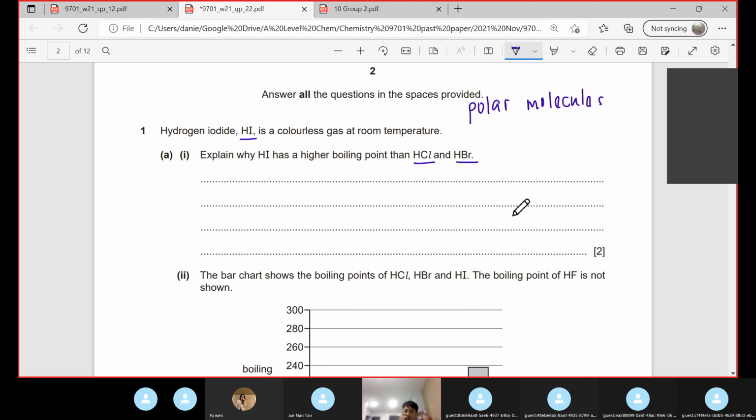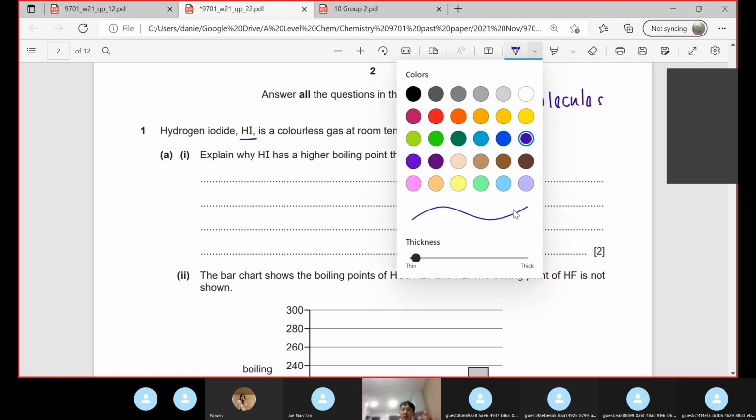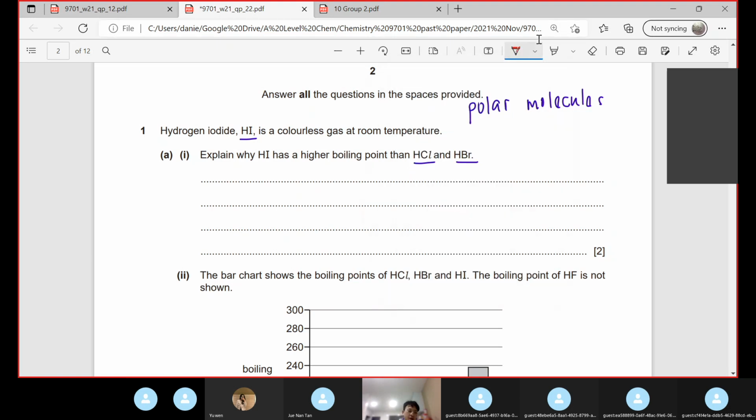For HCl, HBr, HI, there is a difference in terms of number of electrons. And HI, the iodine, has the greatest number of electrons among all these. So when we talk about 2 marks here, for the first mark I recommend you mention the factor.